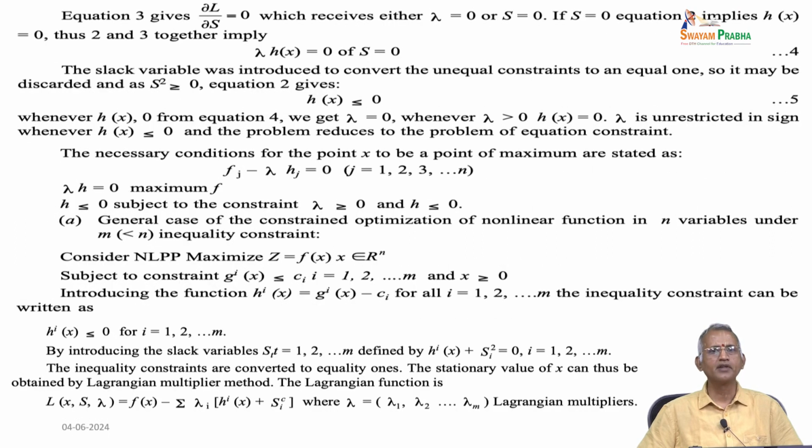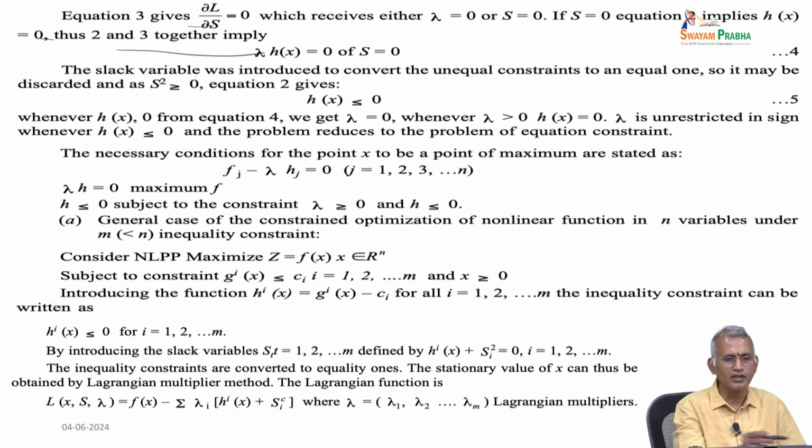So we have equations 1, 2, 3, and equation 3 gives lambda equal to 0 or s equal to 0. Equation 2 implies h of x equal to 0, and 2 and 3 together imply lambda into h of x equal to 0. Therefore, the slack variable was introduced to convert the unequal constraint to an equal one, so it may be discarded as s square is positive, and 2 gives h of x less than or equal to 0.